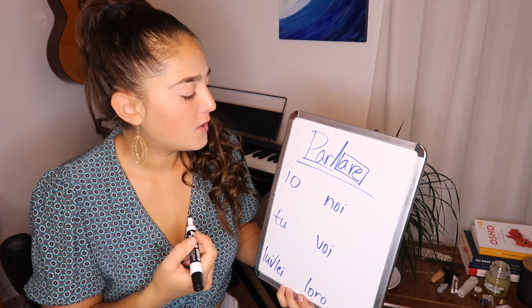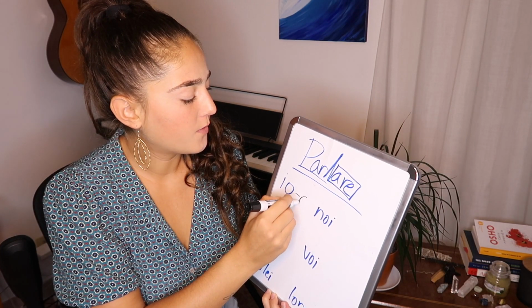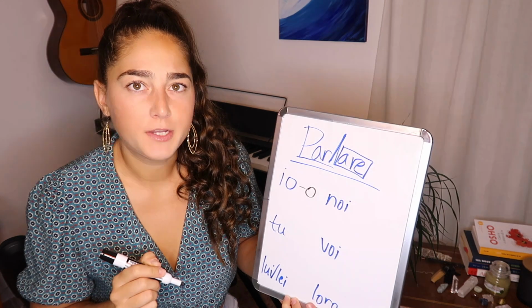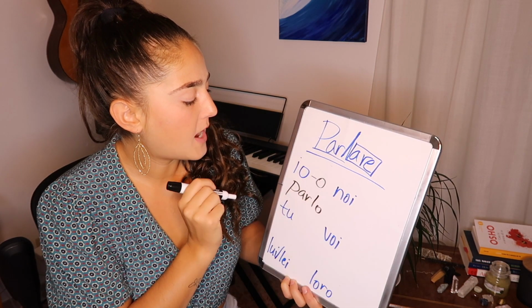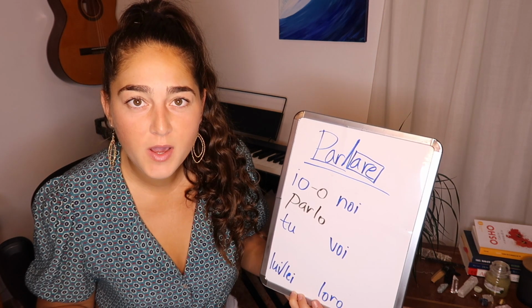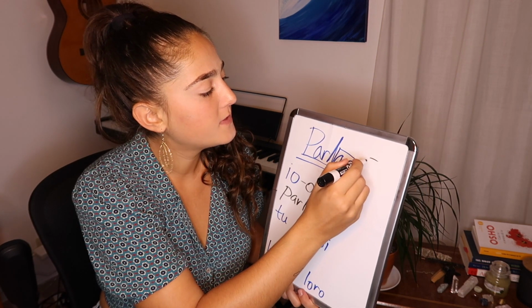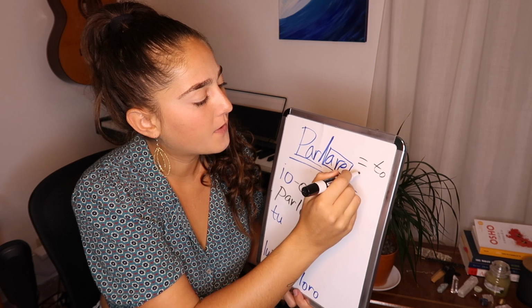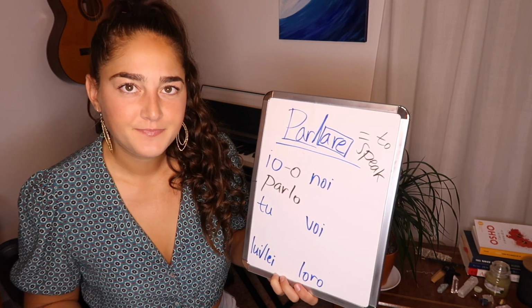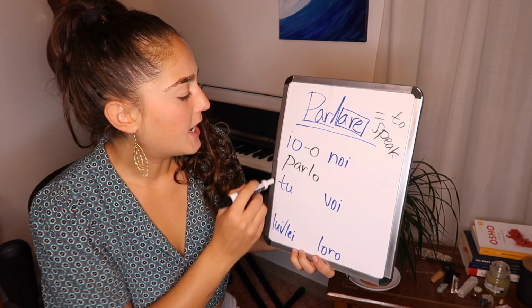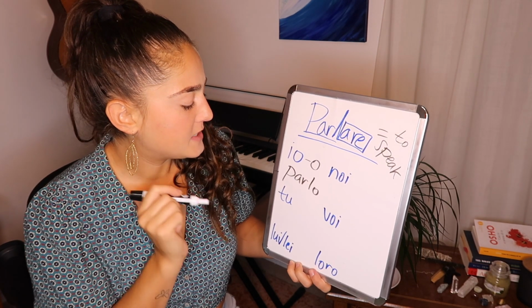So for the io or I or me, we add an O on, so it becomes parlo. I didn't even tell you guys what parlare means. Parlare means to speak. So, io parlo, I speak.